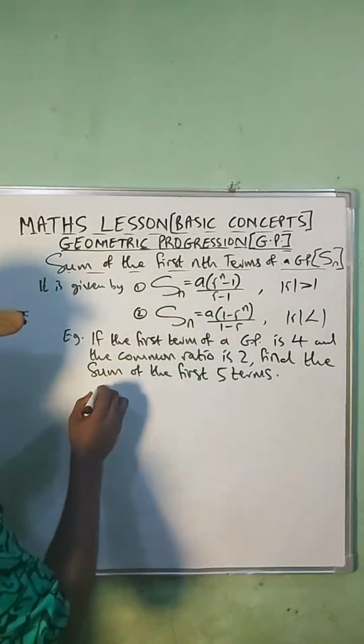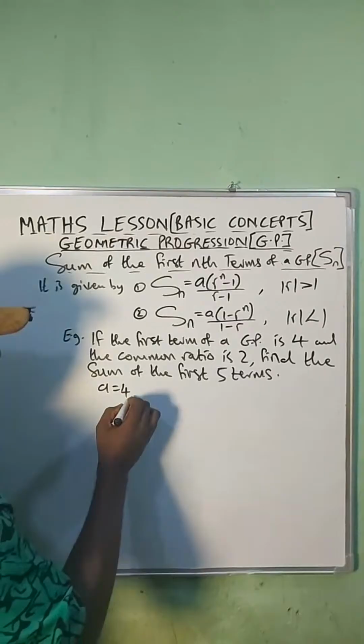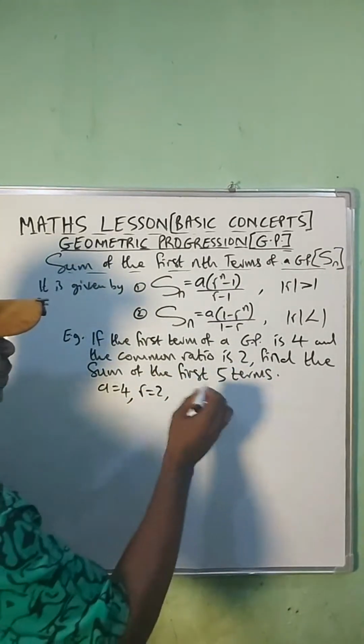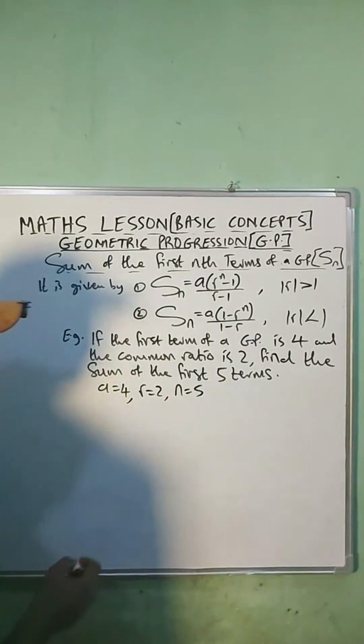So here, the first term is 4. The common ratio is 2. Find the sum of the first 5 terms.